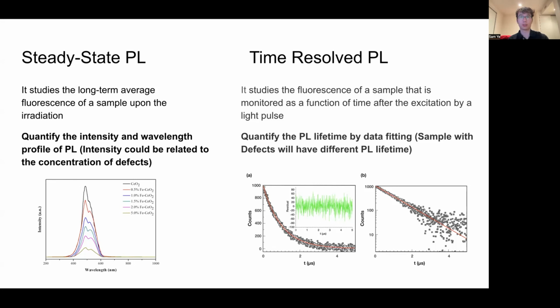More importantly, the intensities could be related to the concentrations of defects, even though there are some limitations to this statement. On the other hand, time-resolved PL studies the fluorescence of a sample that is monitored as a function of time after the excitation by a light pulse.